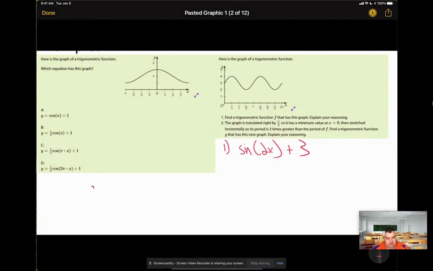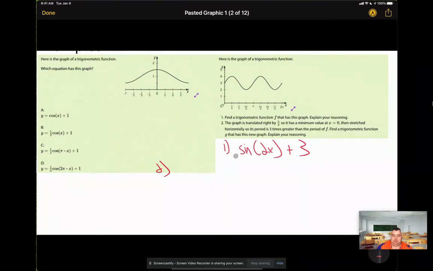Let's look at number 2. The graph is translated right by pi over 2 so that it has a minimum value at 0, then stretched horizontally so its period is 3 times greater than the period of f. Find a trigonometric function of g that has this new graph. So what's changing is it's being translated to the right.